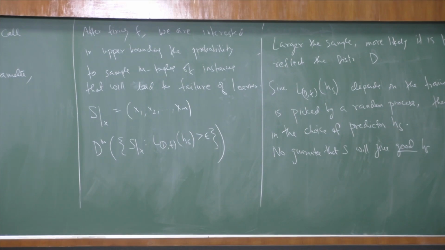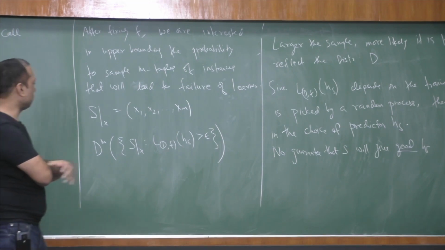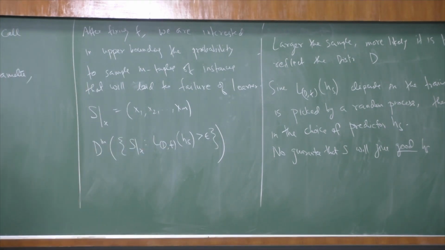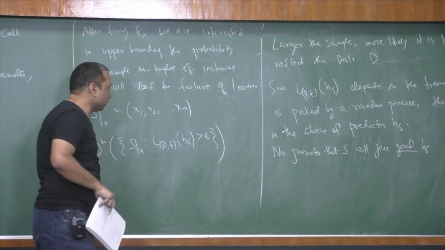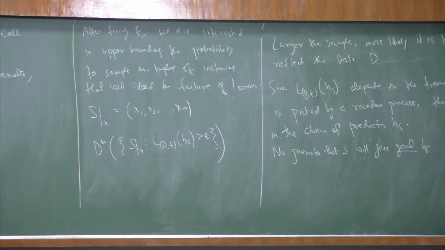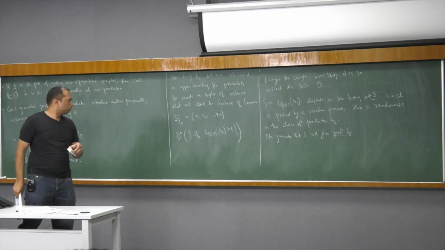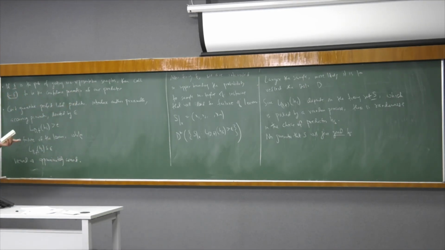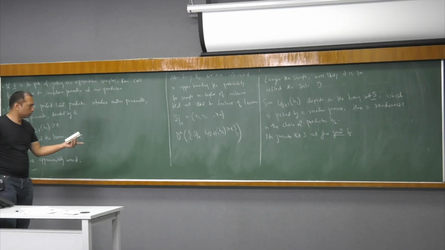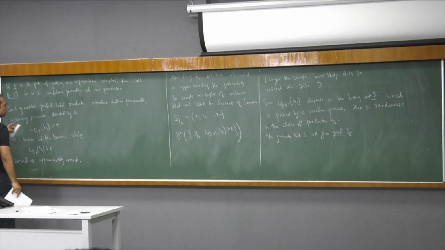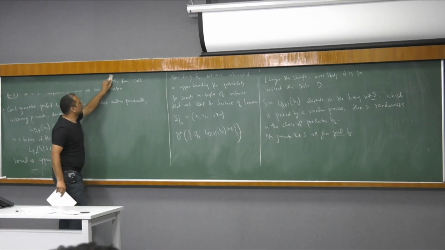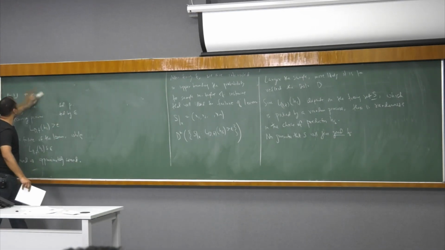To bound this, it's important that we also have some handle on samples which are non-representative, the bad samples. There could also be misleading ones which do very well on the training but then fail miserably on the test. So let us characterize those as a separate set.